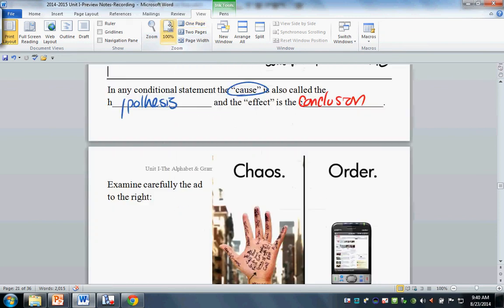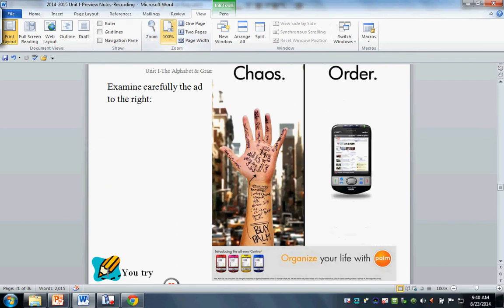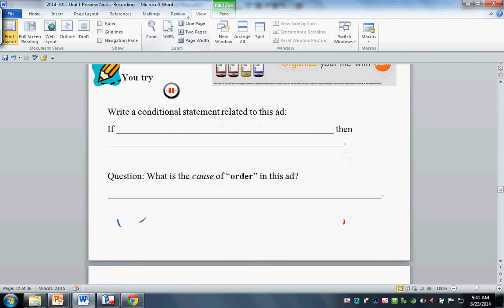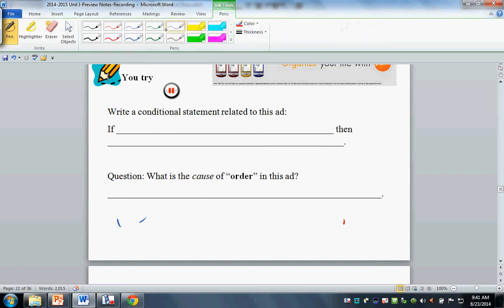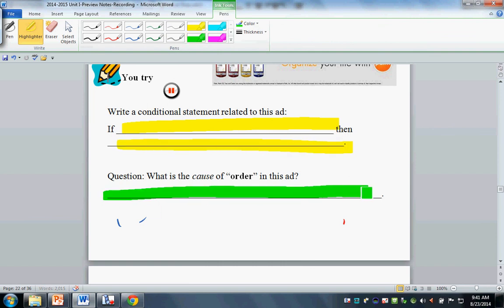It's implicit. Let's give you some more practice pulling out these conditional statements. Looking at this page here, I want you to look at the ad on the left and the right. Take about 10 seconds. All right, now after looking at this ad, I'd like you to write an if-then statement related to this ad, use your own, and then tell me what is the cause of this ad.